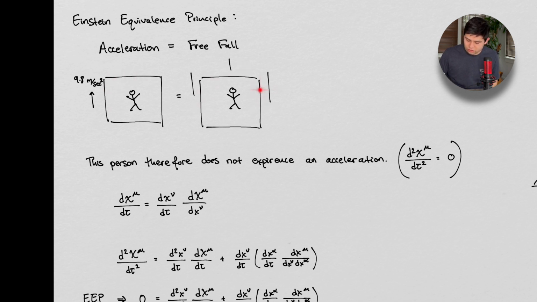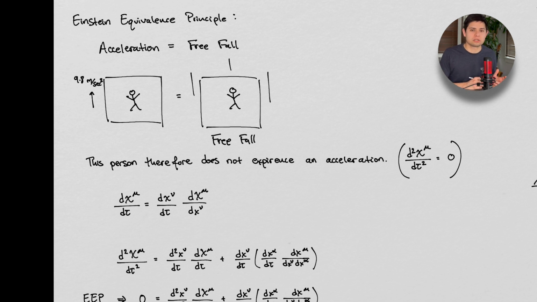And the idea here, again, is that falling, right? So this is free fall. If he was accelerating upwards at 9.8 meters per second squared, this was his stipulation, that free fall is the same thing as an acceleration, okay?